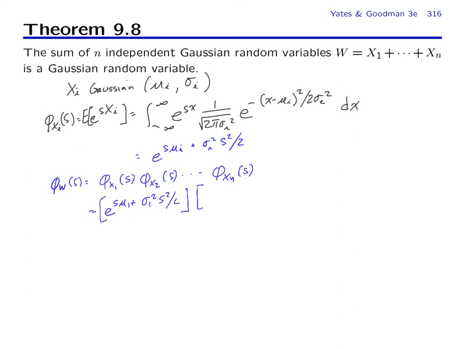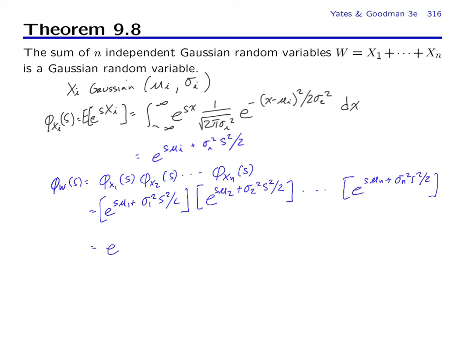And the second term is e to the s mu 2 plus sigma 2 squared s squared over 2. And the last term is e to the s mu n plus sigma n squared s squared over 2. And once again, we have a product of exponentials, which we can combine into a single exponential whose exponent is the sum of the terms.